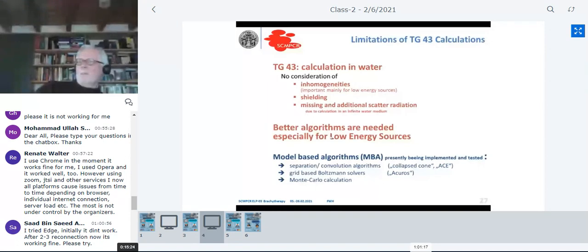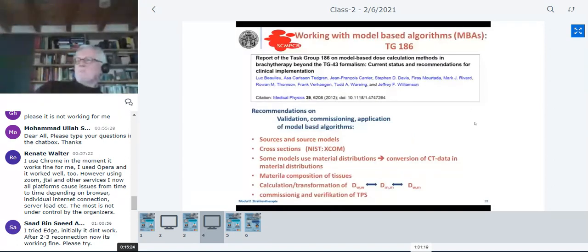Anyway, there is literature in which you can inform yourself on how the model-based algorithms work. And if you do decide to use model-based algorithms, you must look into this literature and see what the recommendations are. Some of these models, for instance, do not calculate dose to water, but dose to medium. So you have to recalculate dose to water, which is what you want to know, from this dose to medium.